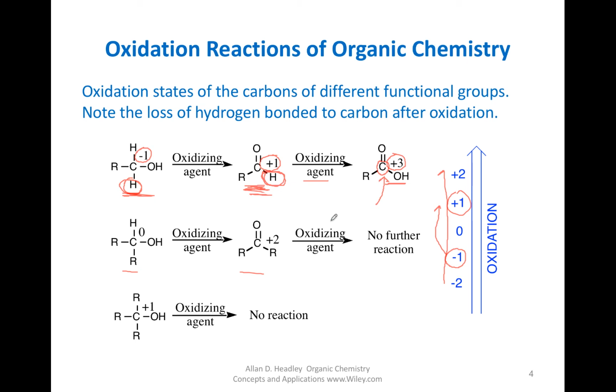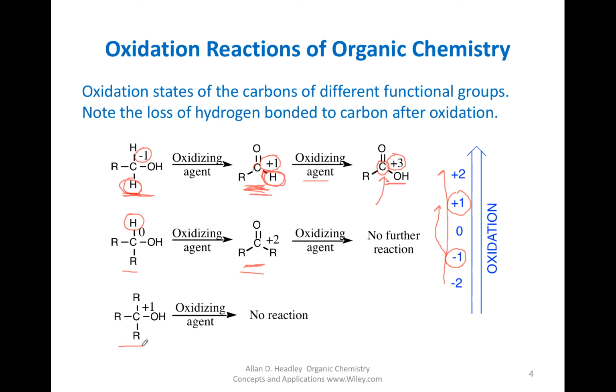You may recall when I said the definition of oxidation is the loss of hydrogen in addition to loss of electrons and the supply of oxygen, but there's a loss of hydrogen bonded to the carbon. Same here. Here's a hydrogen for this secondary alcohol, and it's oxidized to the ketone, and there's no hydrogen.